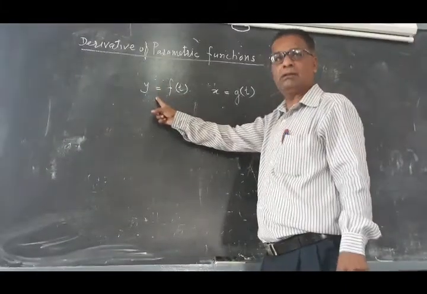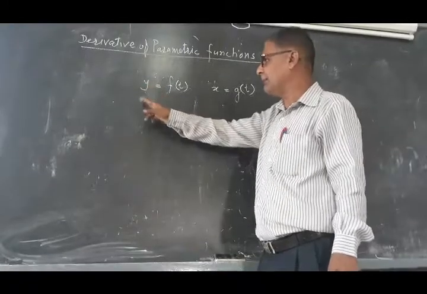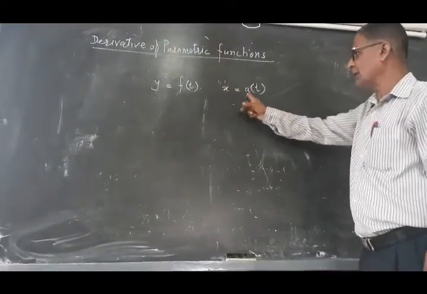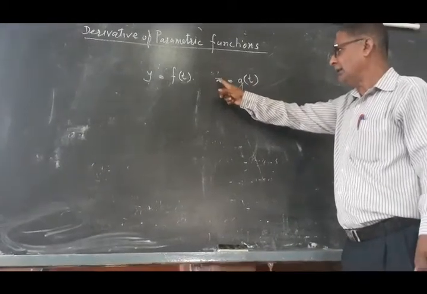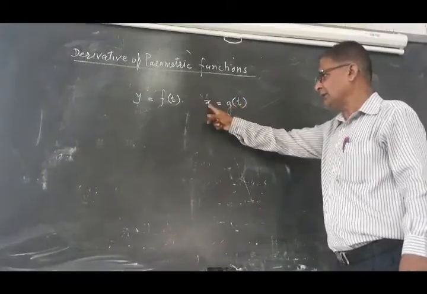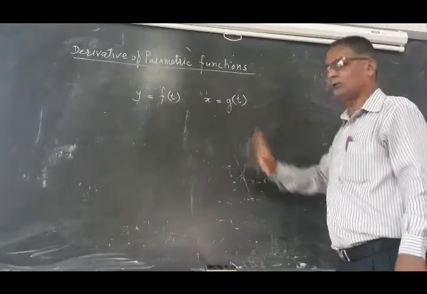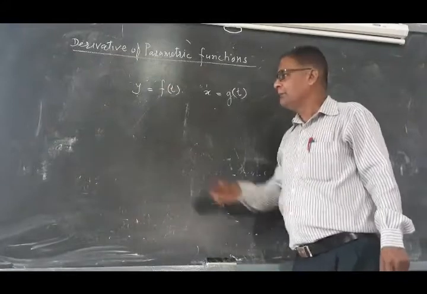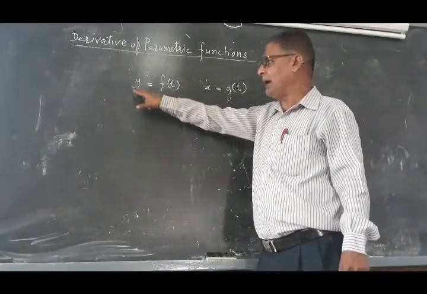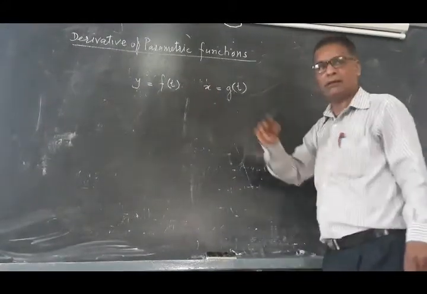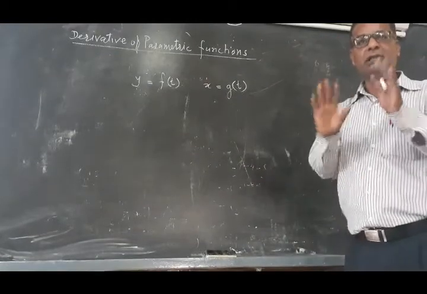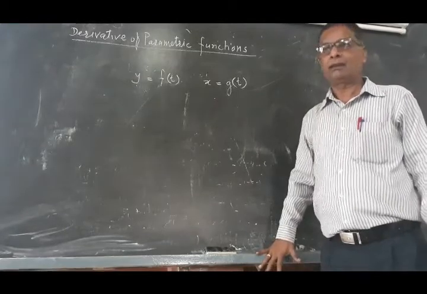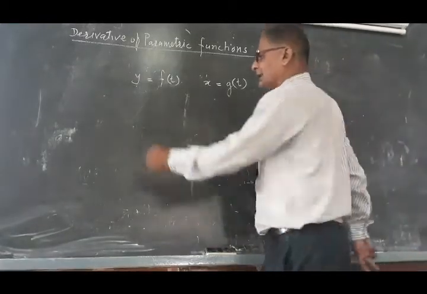Differentiate y with respect to t, dy upon dt. The second function is x is equal to g of t, so the derivative of x with respect to t is dx upon dt. We get g dash t and f dash t. So the derivatives dy upon dt as well as dx upon dt exist. Since the main variable is x, we have to find dy upon dx.